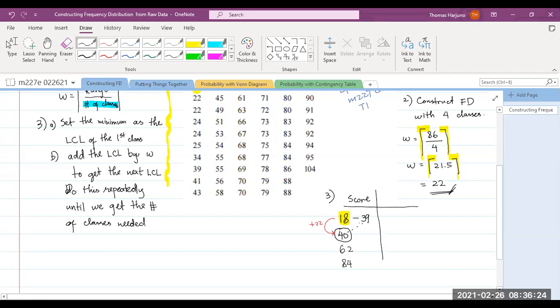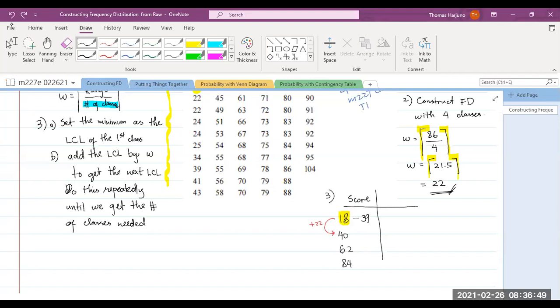Because I rounded to the nearest integer, I subtract 1, which is the rounding that we use. That's how we get that 39.